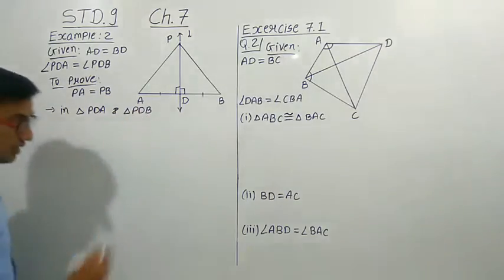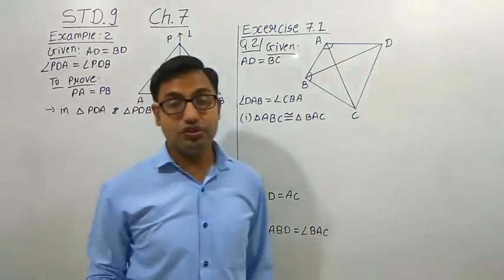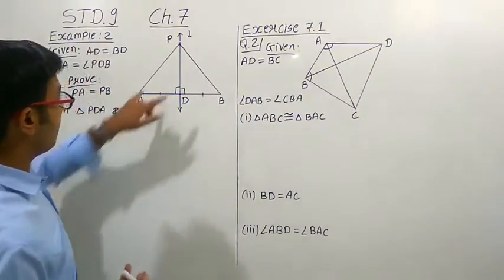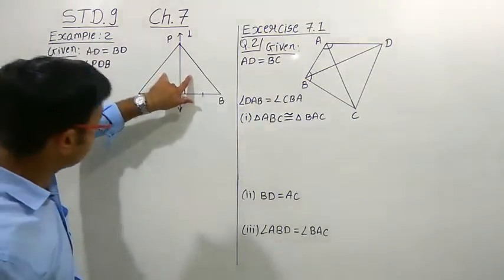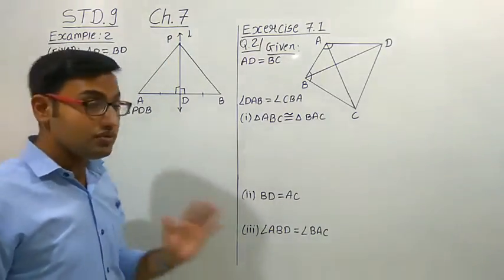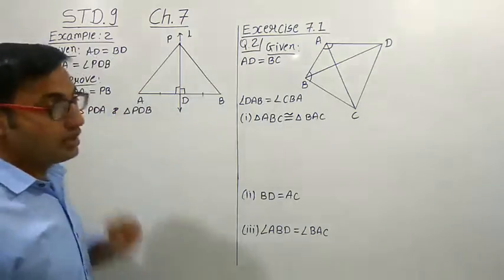Now think about the three conditions by which we can prove that both triangles are congruent. Why? If we can prove that both triangles are congruent, then we can prove that PA and PB are equal. That is why we have to prove both triangles congruent.